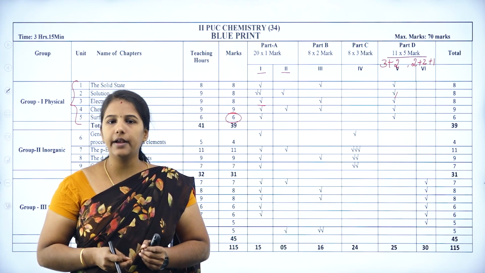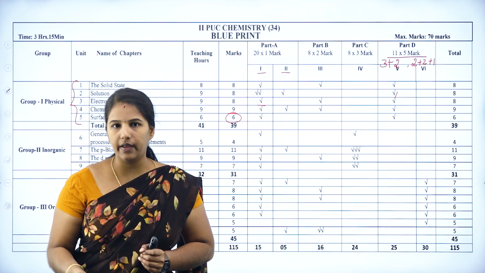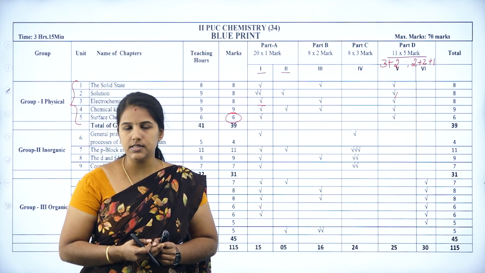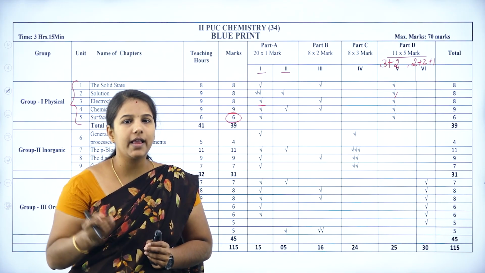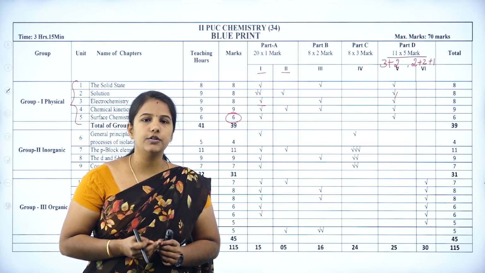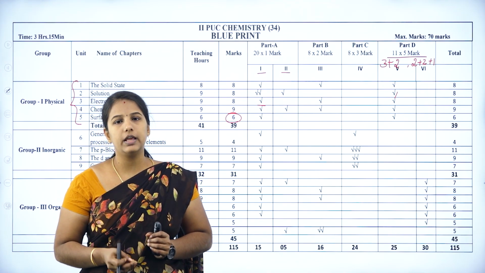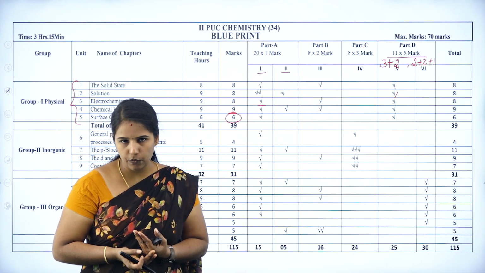Try to substitute the values into the formula that you know in a better way and write the answers. The problems will mainly be taken from the NCERT textbook. From the NCERT textbook only they are going to choose questions for the examination; no question other than that will be provided for you.